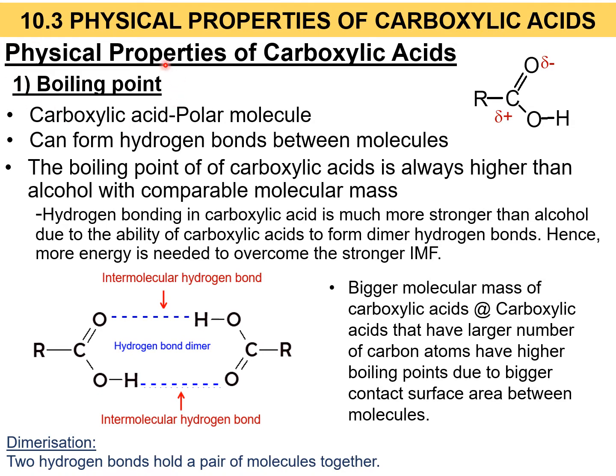Bila kita cakap pasal boiling point, tak kisahlah pasal any organic compounds, alkene ke, alcohol ke, carboxylic acid ke, you need to remember about dia punya types of intermolecular forces, because from the types of intermolecular forces barulah you boleh elaborate sama ada boiling point dia tinggi ataupun rendah.